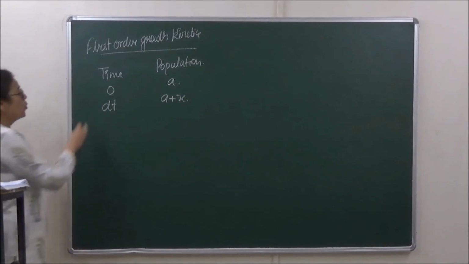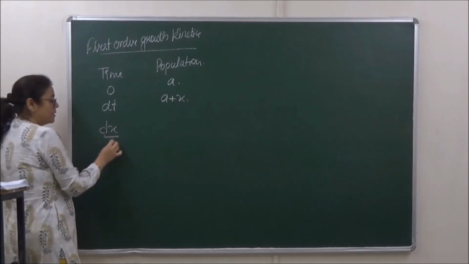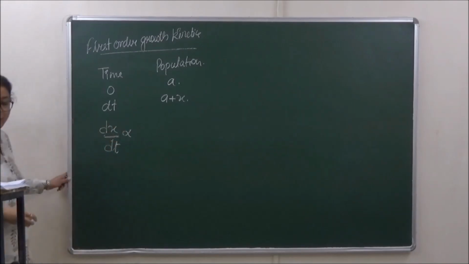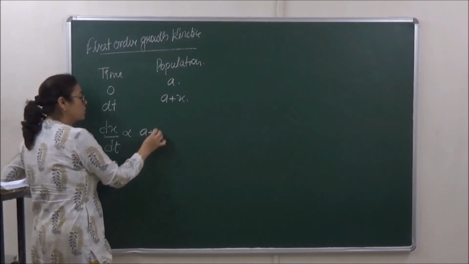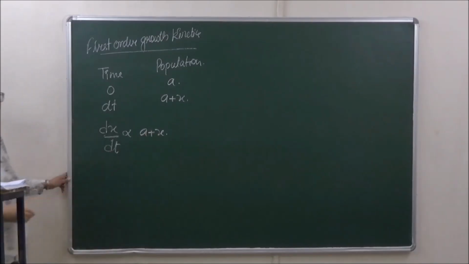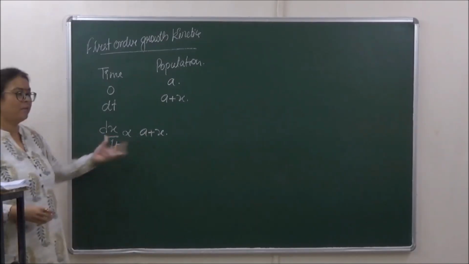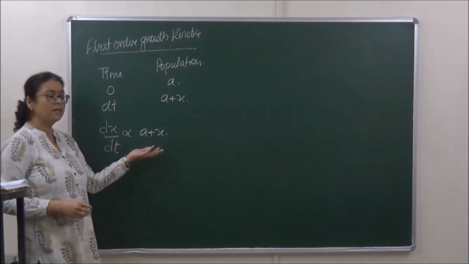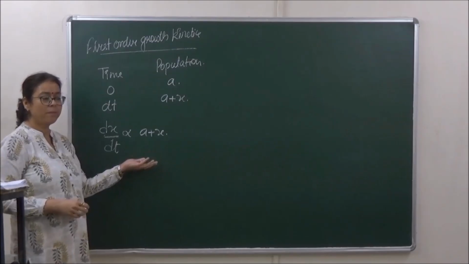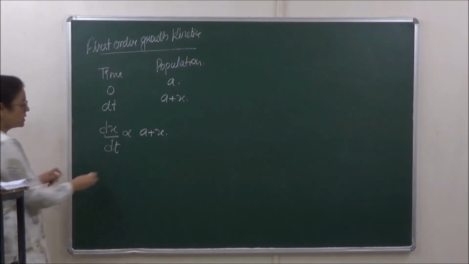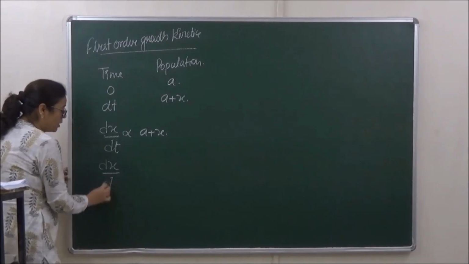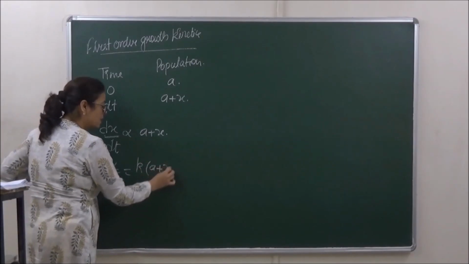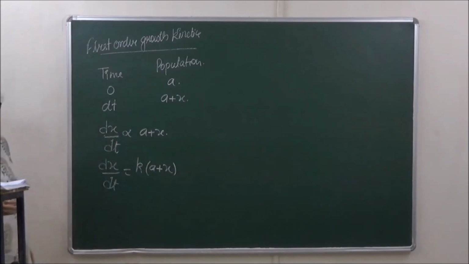ठीक है? So over here dx upon dt will be directly proportional to A plus x, right? The rate will be directly proportional to the concentration as we have been doing. So over here we are just taking the population or the multiplication of bacteria. ठीक है? So we can also write that dx upon dt is equal to K into A plus x, right?